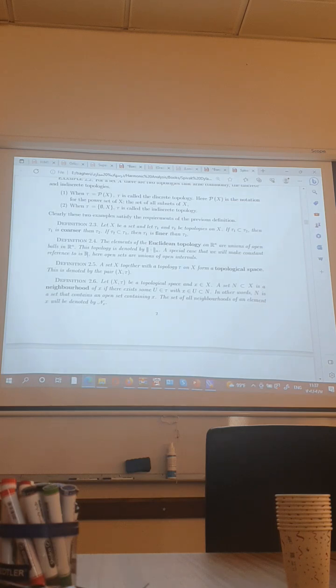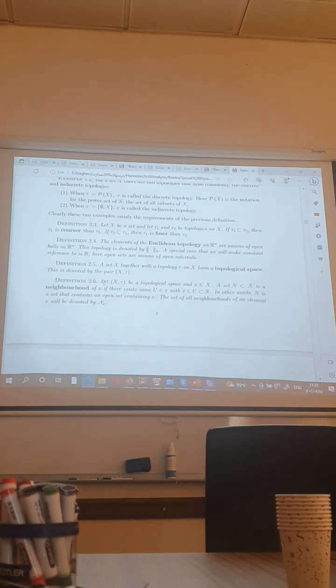This topology is denoted by this. A special case that we will make constant reference to is open sets or unions of open intervals, and a set X together with a topology forms a topological space and is denoted by (X, tau). And this is the definition of neighborhood.